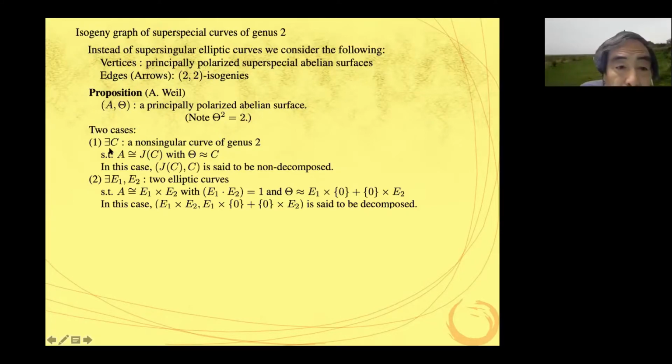In one case, A is isomorphic to the Jacobian of a genus 2 curve. In the other, A is isomorphic to a product of two elliptic curves E1 × E2, which intersect transversely, and the theta divisor is E1 × 0 + 0 × E2. This is decomposed. We call the first the non-decomposed case, and the second the decomposed case.